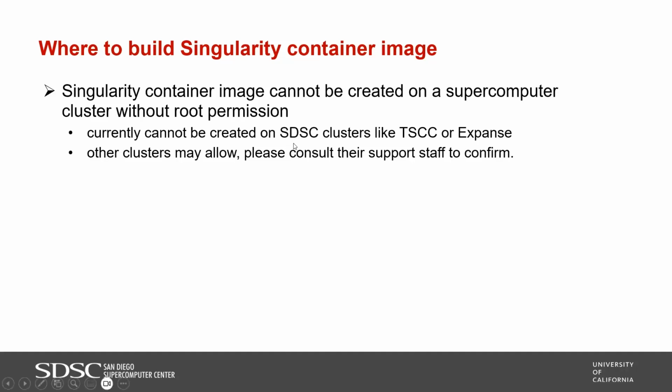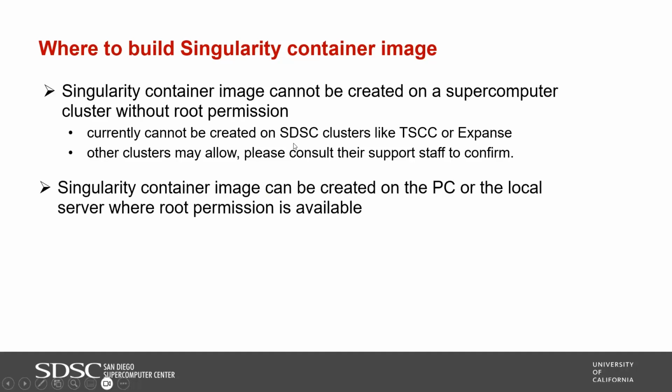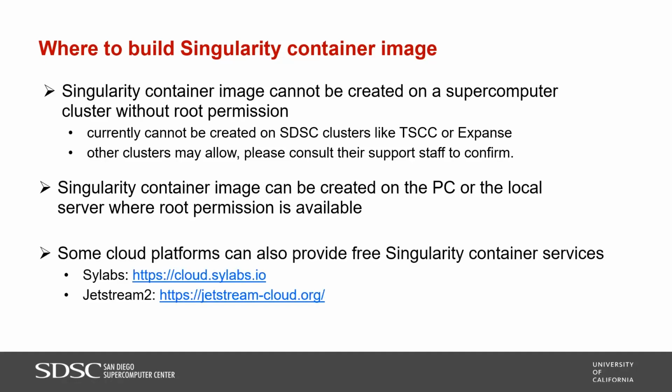So where to build those containers exactly? It can be built on your PC or some local server where root permission is available. Also, you can try some cloud platforms that provide free Singularity container services, like Sylabs, a cloud platform provided by Singularity, and Jetstream too.